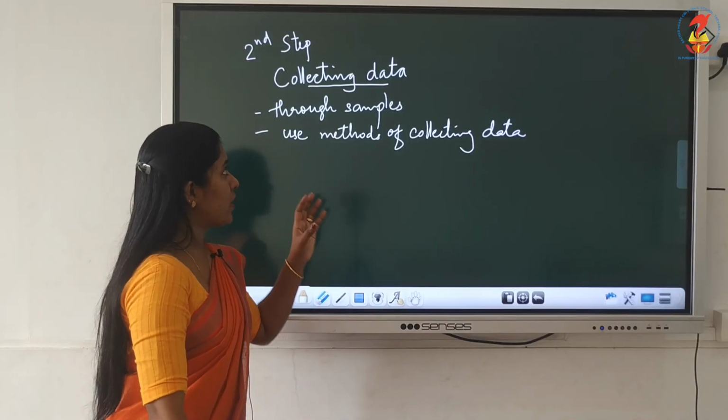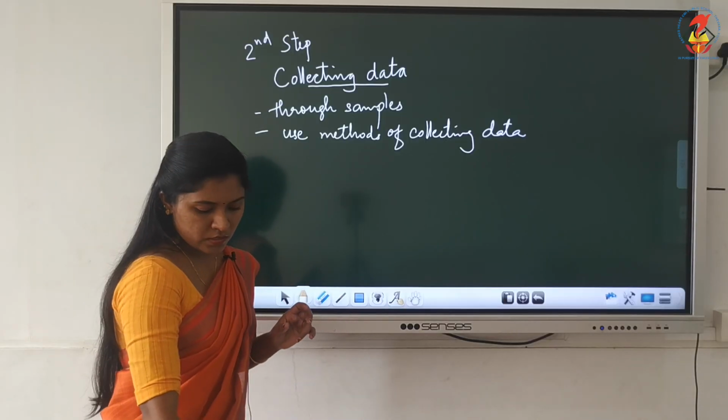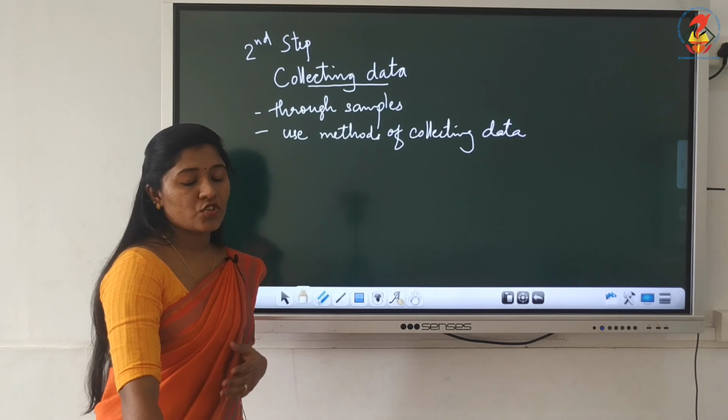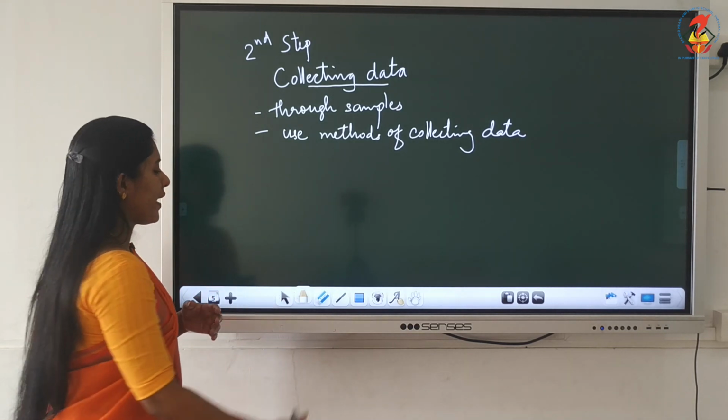This step of collecting data requires taking decisions about the following 4 aspects.